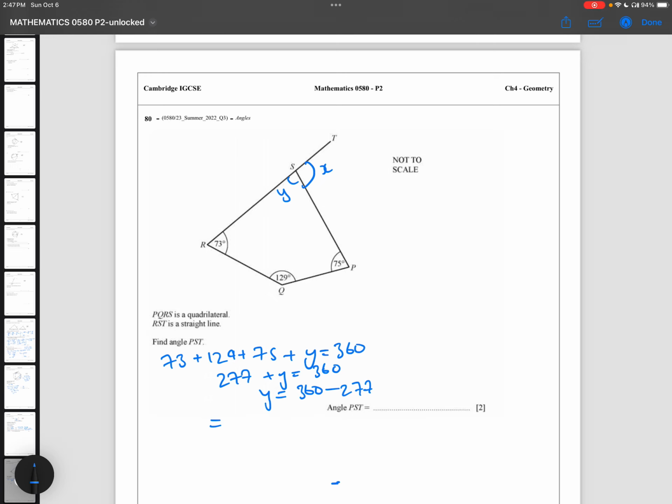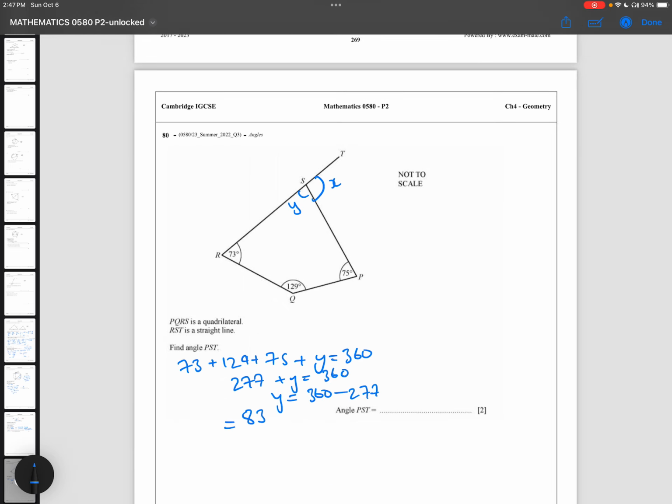This is equal to 83. So Y is 83. Now RST is a straight line, and in a straight line the sum of angles is equal to 180. So 83 plus X will be equal to 180. X will be equal to 180 minus 83. So X is 97. This is the angle PST, which I was supposed to find out. Angle PST is equal to 97.